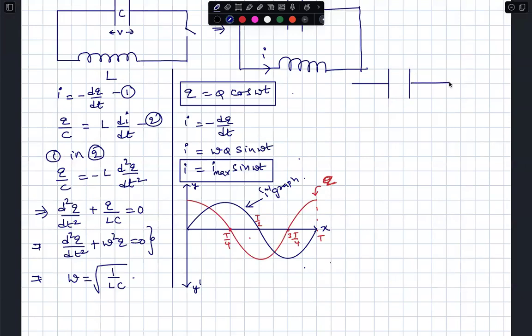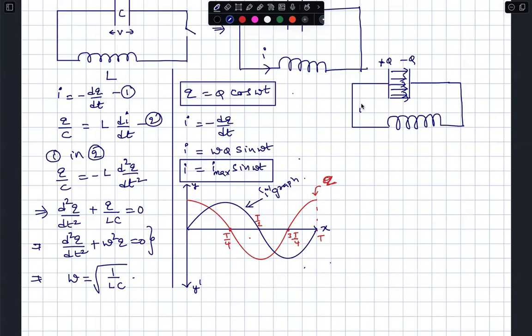Initially, at t is equal to 0, when you have charge plus q and minus q here, the entire energy is stored in the capacitor in the form of electric field energy.